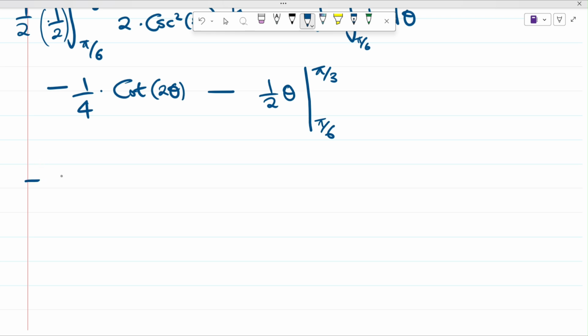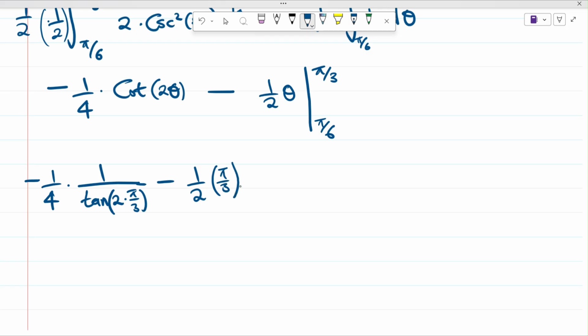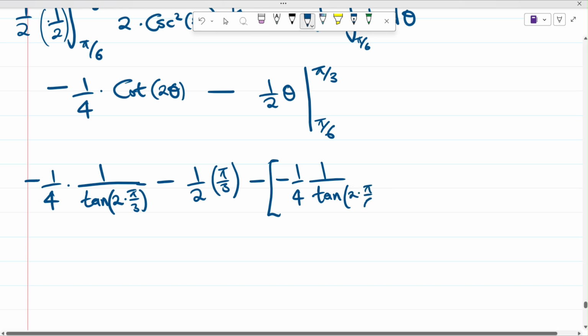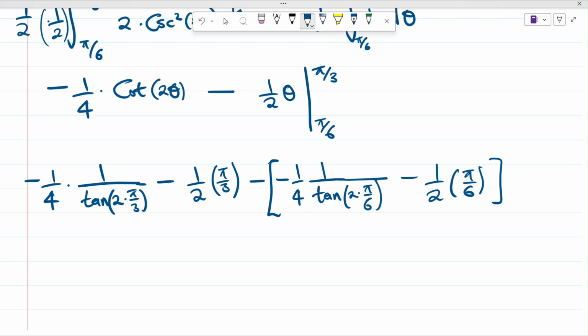So let's convert that cot into the reciprocal, 1 over tan of 2 multiplied by pi over 3, minus 1 over 2 multiplied by pi over 3, minus 1 over 4 times 1 over tan of 2 multiplied by pi over 6, minus again 1 over 2 multiplied by pi over 6, and then we punch it in our calculator.